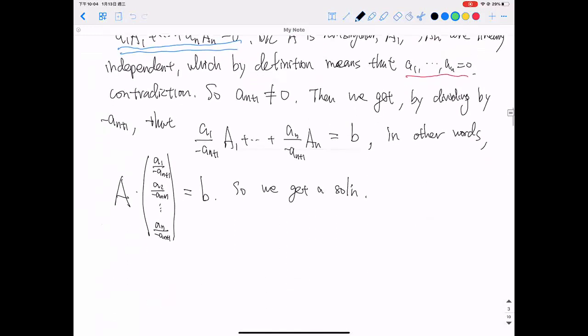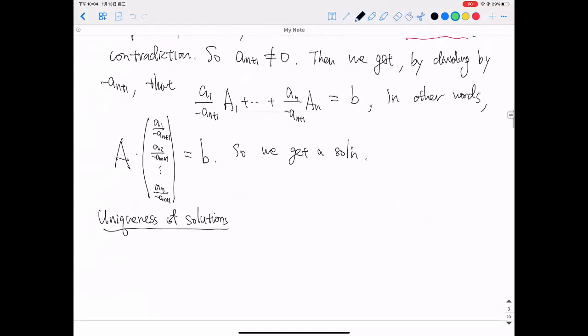Now we figure out the uniqueness of solutions. Okay, so how do we do that? If you want to show uniqueness, one straightforward way would be to say, suppose you have two solutions.